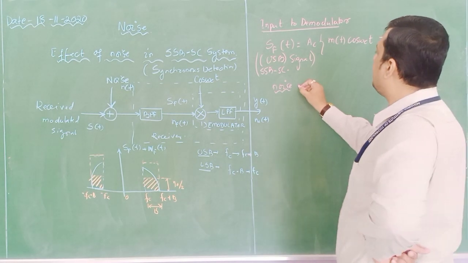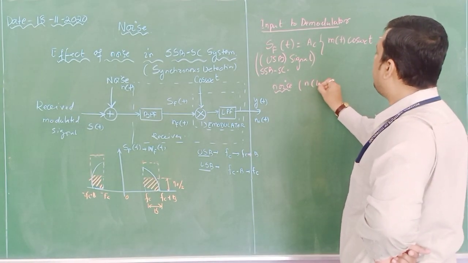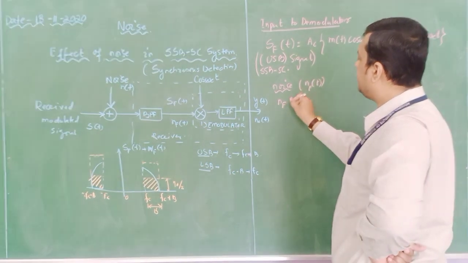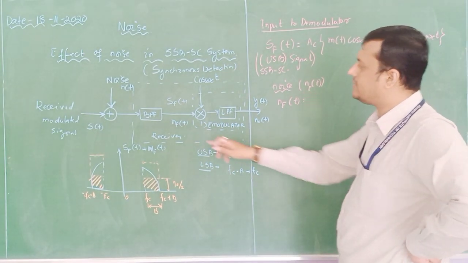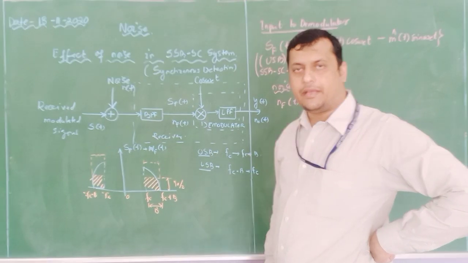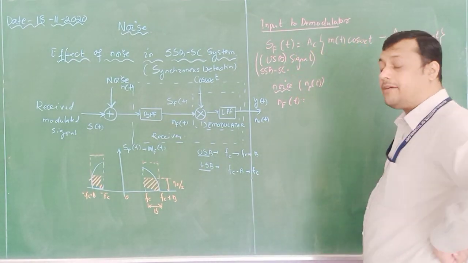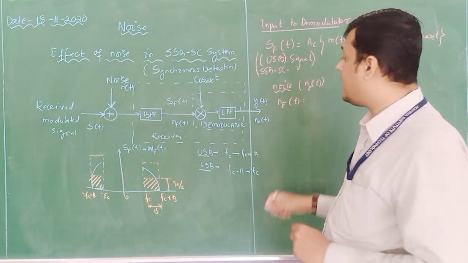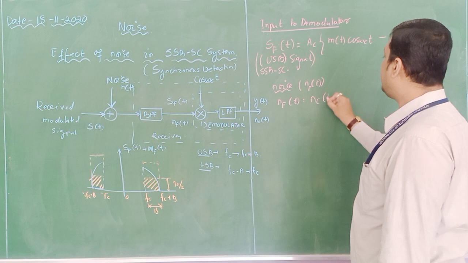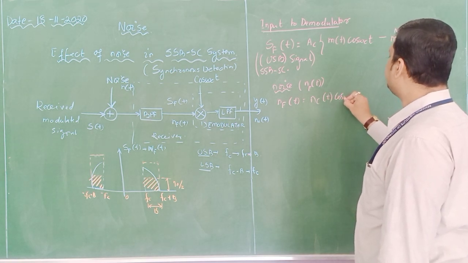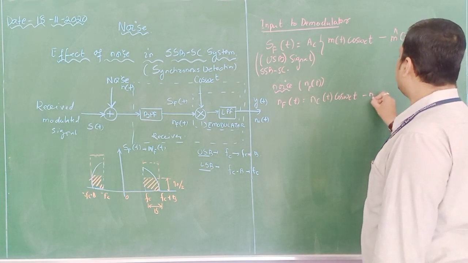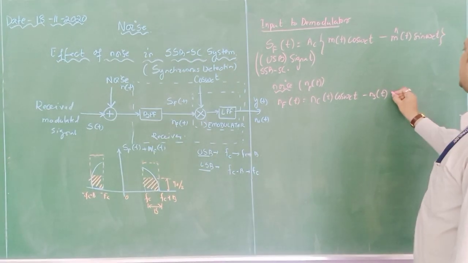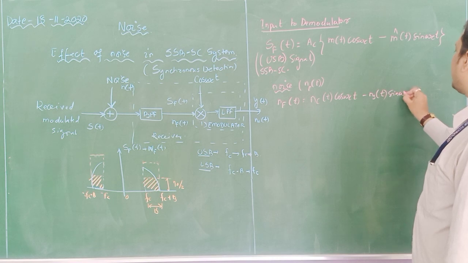Similarly, the noise component N of t we have to represent as NF of t, because noise is also going to pass through this band pass filter, and we have written this NF of t with the help of the sideband representation in the previous class as NC of t, the in-phase component, minus the quadrature phase component of N of t, so this is sin omega c.